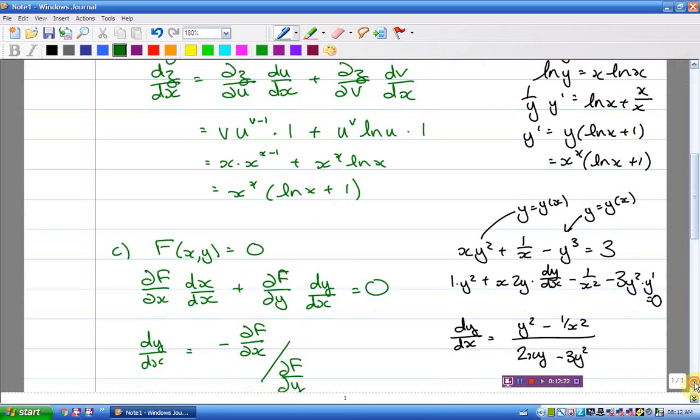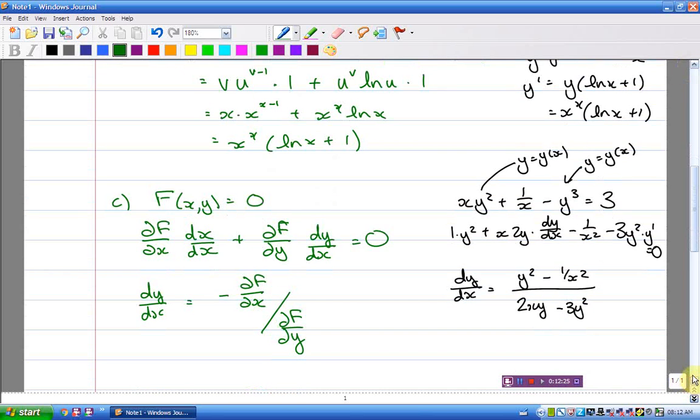Here, I have a bit of a mixture, because one of the variables that's explicitly in the expression actually is the variable that I'm interested in. So the y is implicit, the y is in terms of x, but the x is also in a sense in terms of x. So in order for that chain rule expression to be fully fleshed out, I have to differentiate big F with respect to the variables that are actually there, which are x and y, and then in each of those terms I need to multiply by the derivative of that variable with respect to the variable I'm really interested in, which is x.